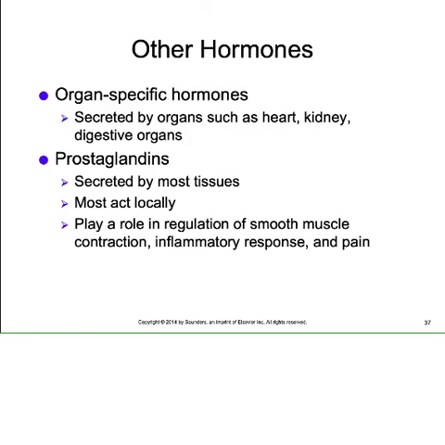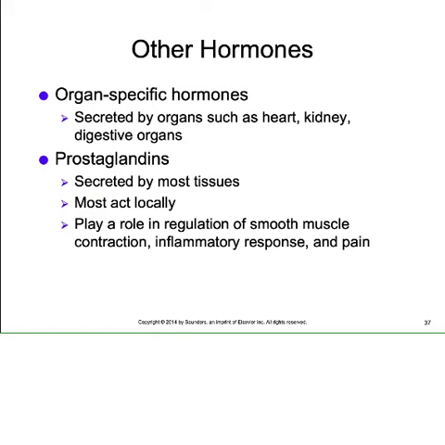Digestive organs produce hormones that coordinate their actions, such as cholecystokinin, secretin, gastrin, okay, and enterogastrones. And then prostaglandins are local chemical signals, that we call paracrines, and they're important in smooth muscle contraction, inflammation, and pain. Okay?